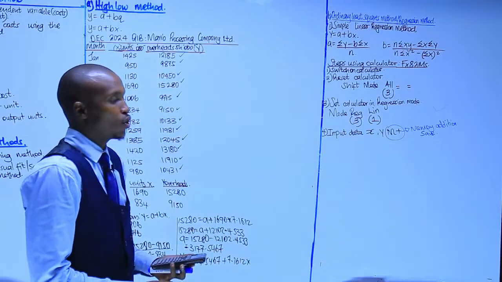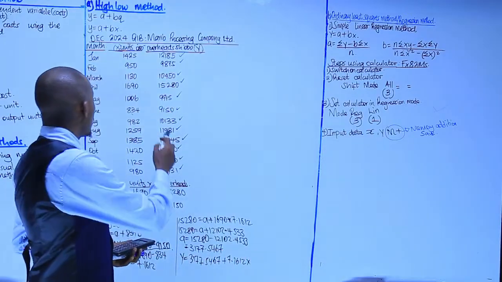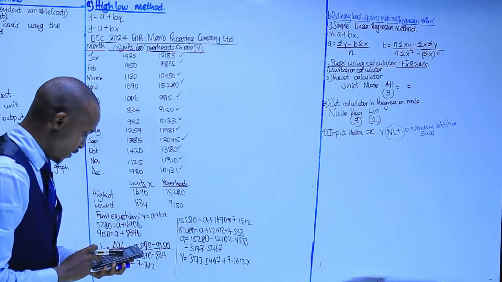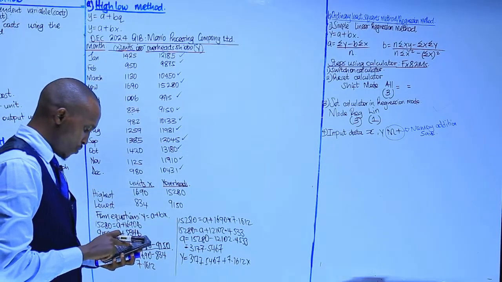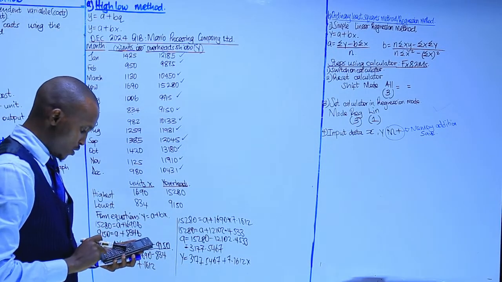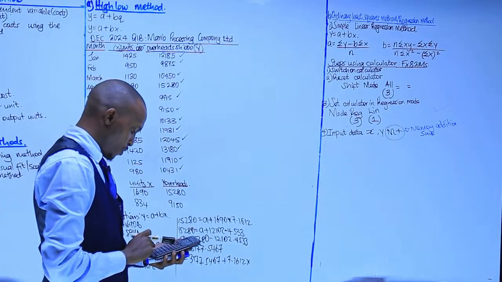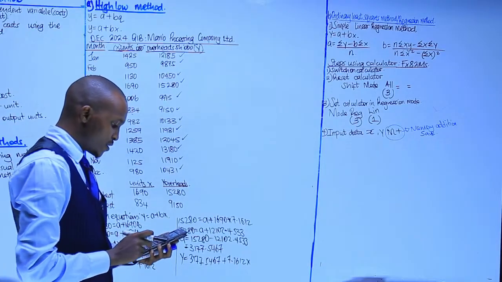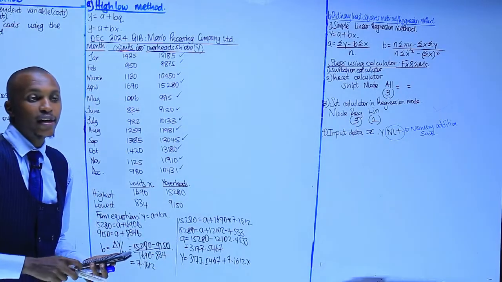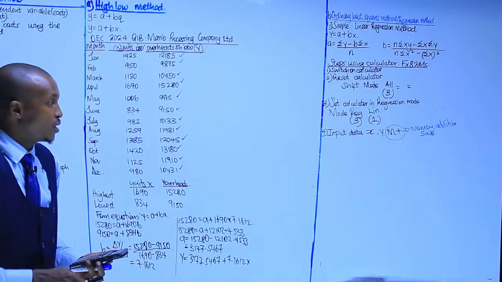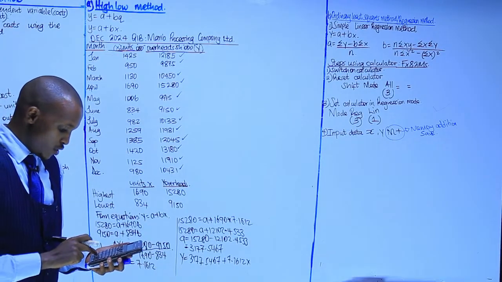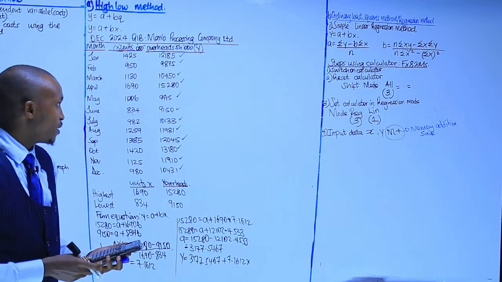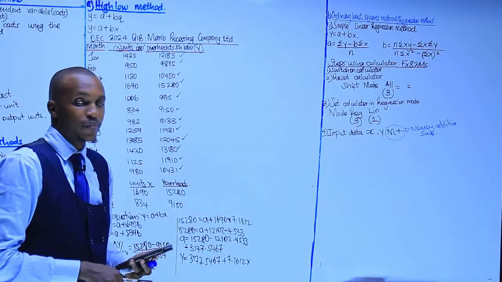X is 1425, so you press 1425 in your calculator, then the comma, then 12185, and then M plus.